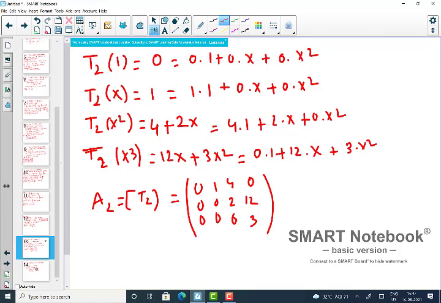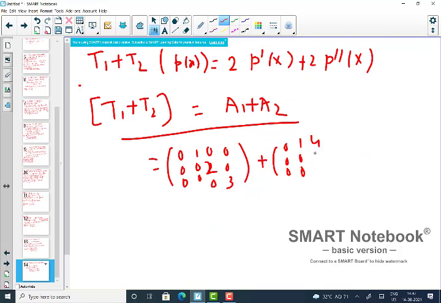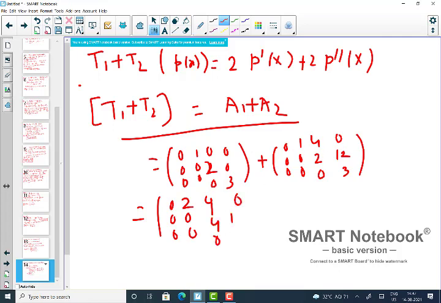Now if we add those two matrices, the first column will be the same, the second will be 1, 0, 0, the third will be 4, 2 plus 2, 4, 0, and the fourth will be 0, 12, and 6. So this will be the matrix representation of T1 plus T2, which you can easily find from here also.